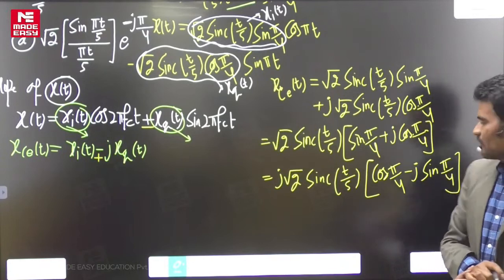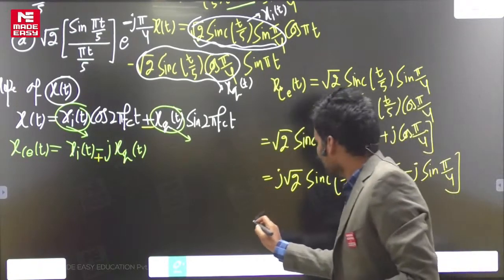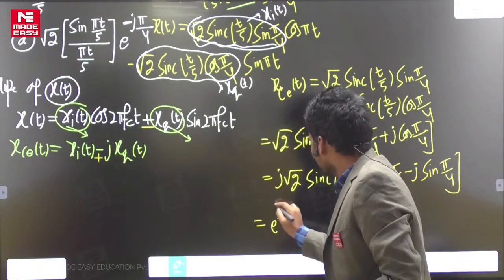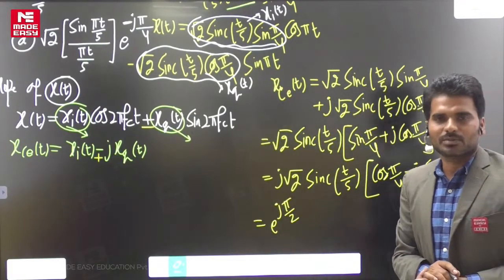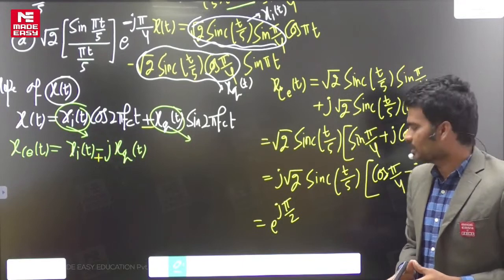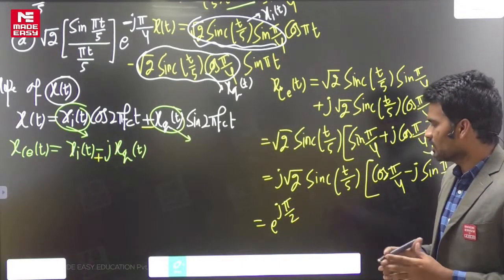Now j can be written as e^(jπ/2), since cos(π/2) plus j sin(π/2) is j only.